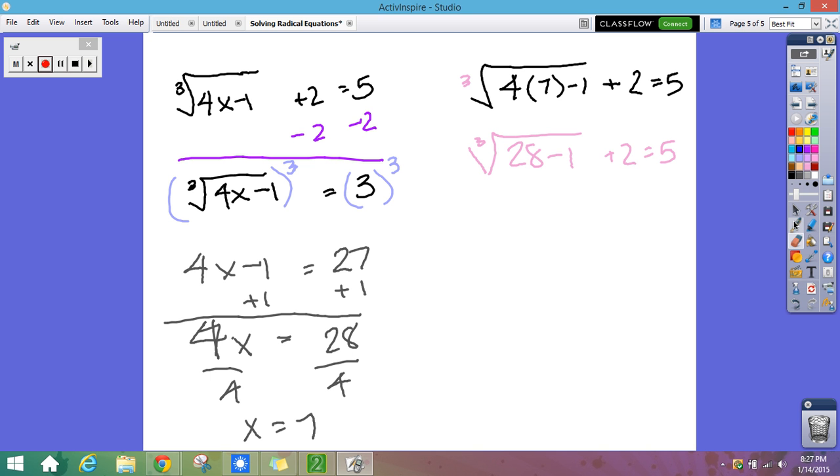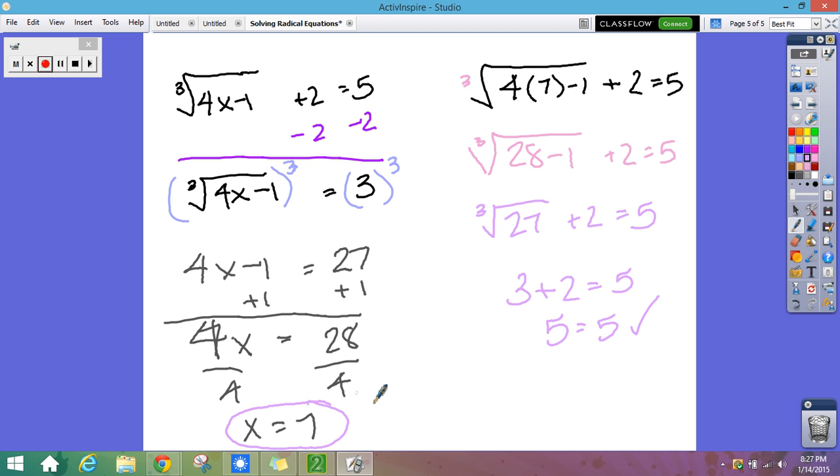And 28 minus 1 is 27. And the cube root of 27, use your calculator, is 3, plus 2 equals 5, and we see that it does check, confirming that x equals 7 is a valid solution.